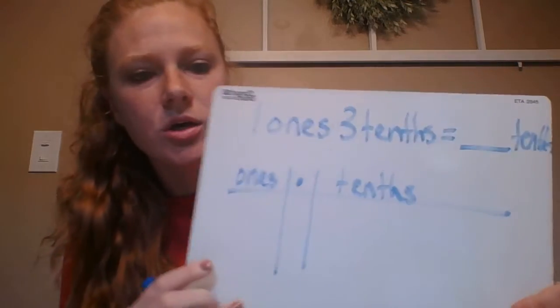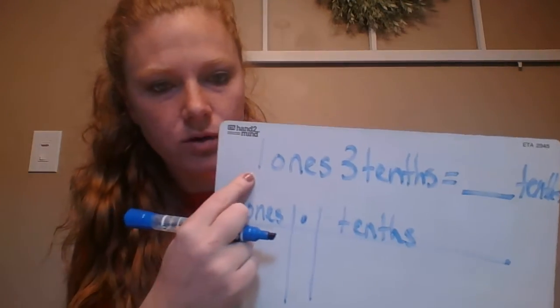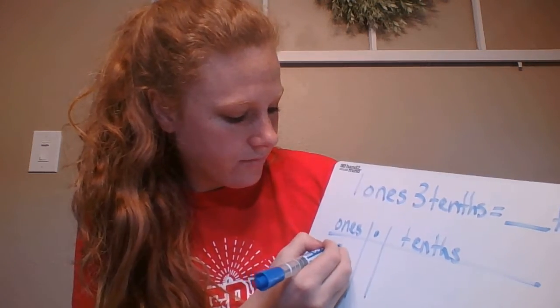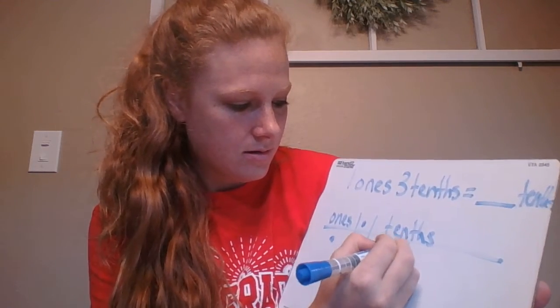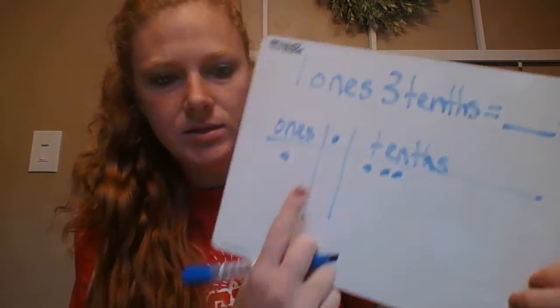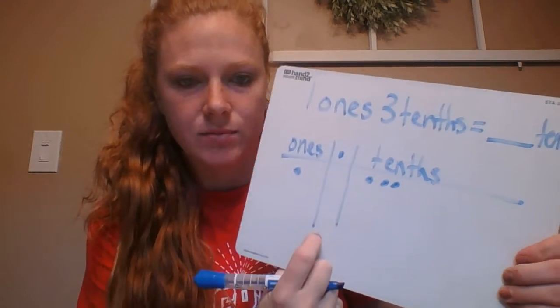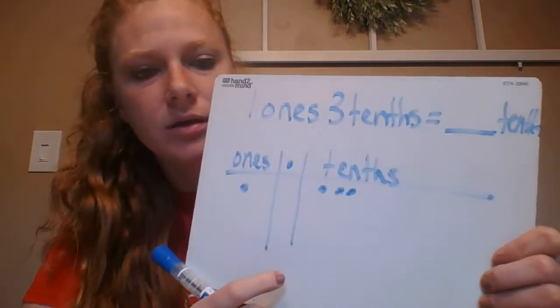All right. So the first thing they gave us is 1 one, so I'll put 1 there, and 3 tenths, so I'll put 3 in the tenths place. This column right here is my decimal column, so I won't put anything there.